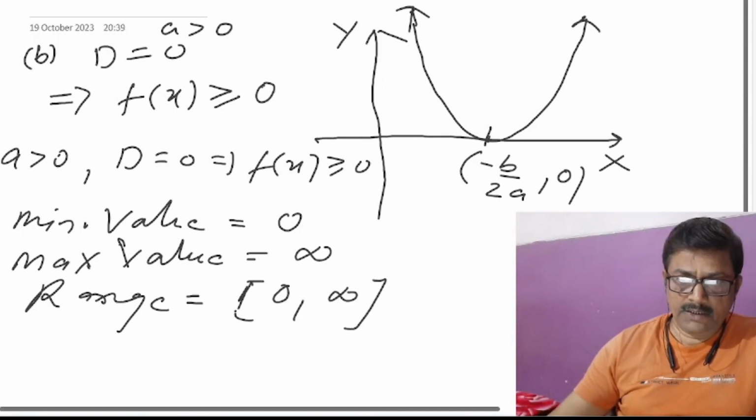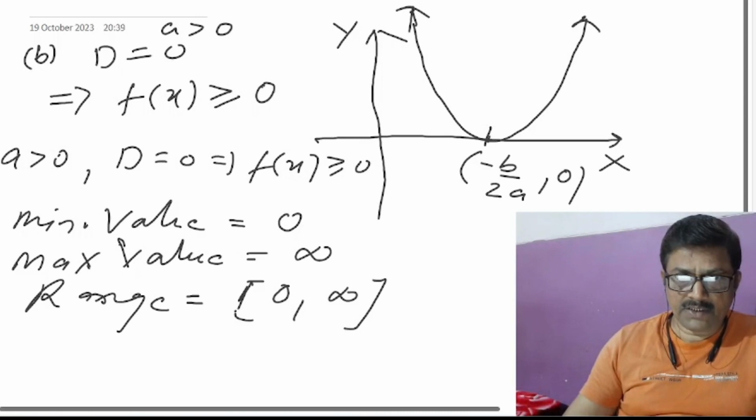There will be a big bracket, just as in the previous page, at minus d upon 4a there will be a big bracket.